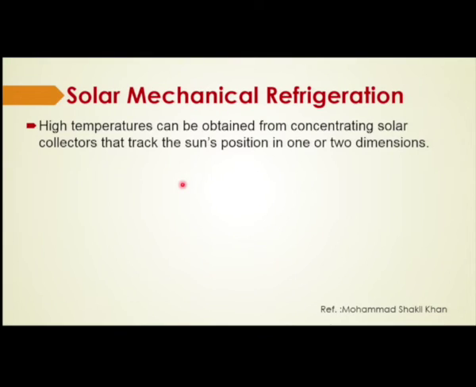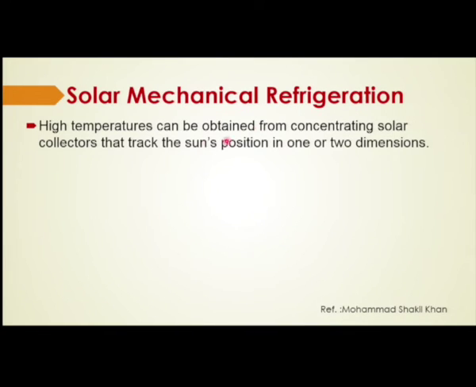If the efficiency of the solar collector is increased, the efficiency of the Rankine cycle will be reduced. So, we have to compromise between the Rankine cycle and solar collector efficiency. We can go for high temperature by using concentrating solar collectors that track the sun position.